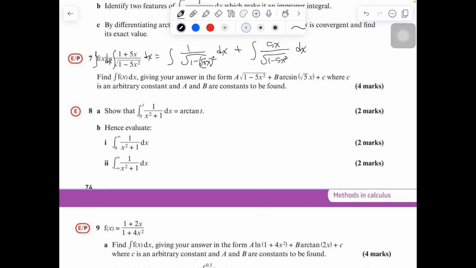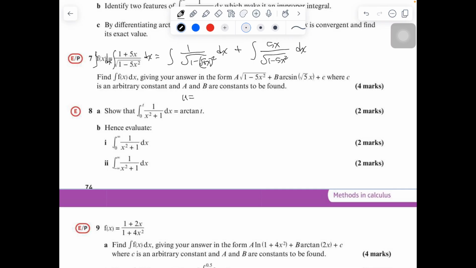This is because when we have something on the numerator, like on the right side, 5x, then we need to see 1 minus 5x squared and consider integration by substitution. But on the left side, it is only 1, which means we cannot use that. So the left side is the arc sine, and the right side is substitution.